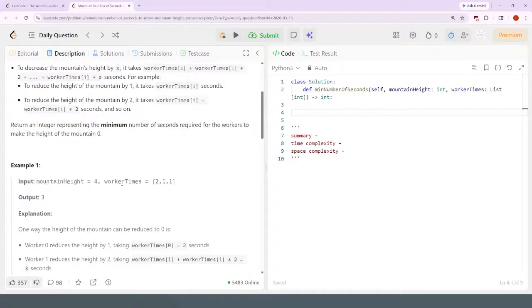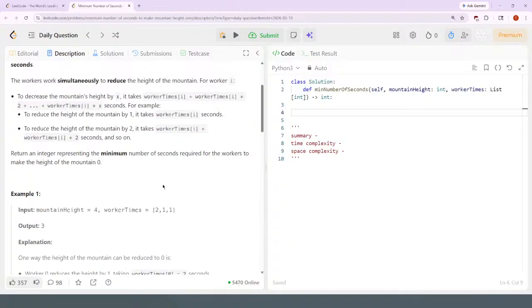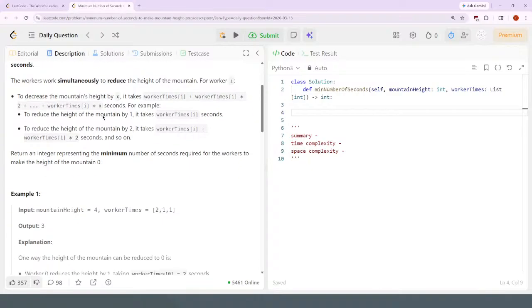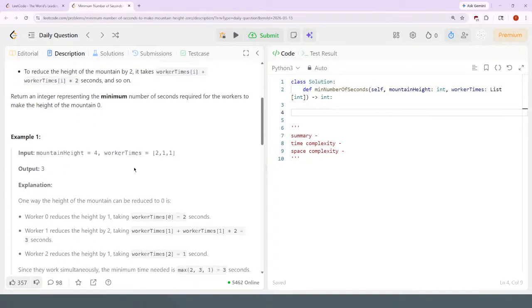Mountain height is 4, worker times is 2, 1, 1. Output is 3.